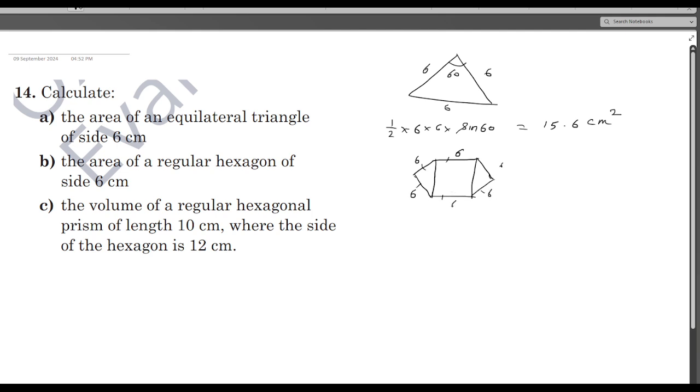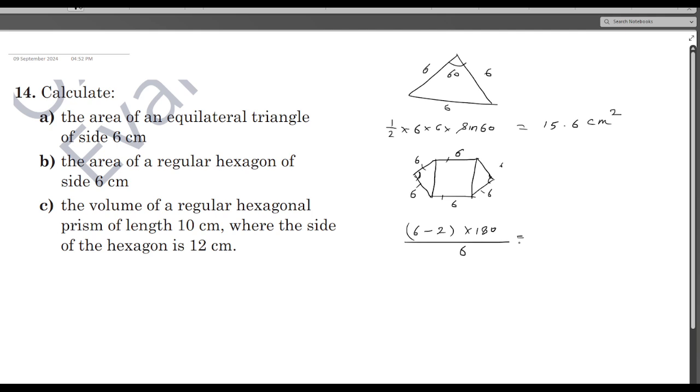And if I consider this angle, for hexagon each interior angle we will use the formula 6 minus 2 times 180 divided by 6. This will be your each internal angle.